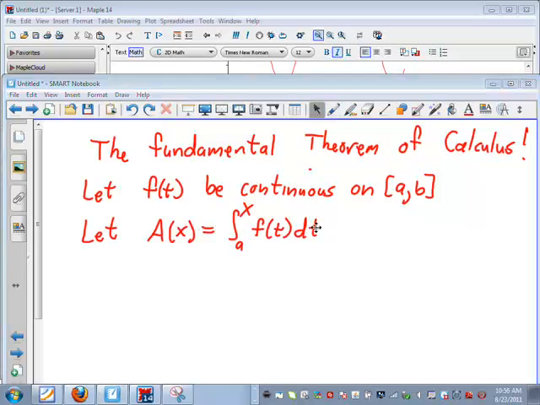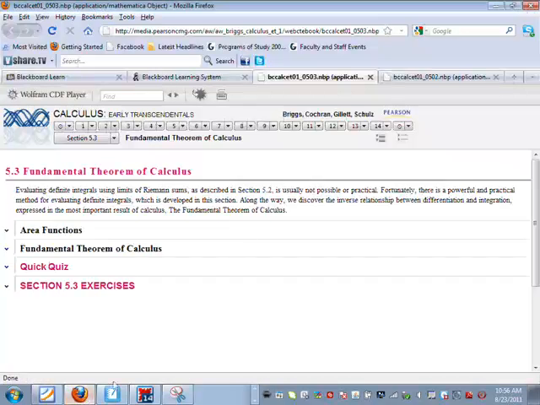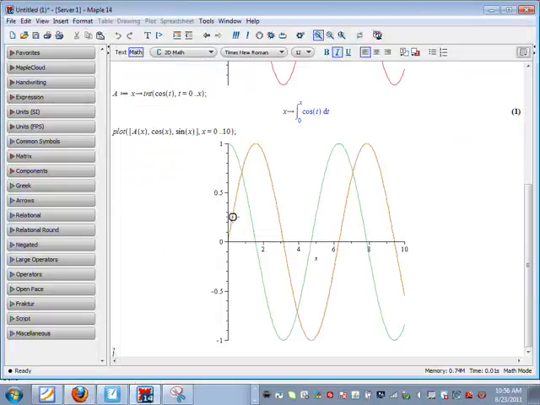Is capital A a function? If I'm measuring the area under f, if I change the place, will I get a different area? If I change x, will I get a different area?